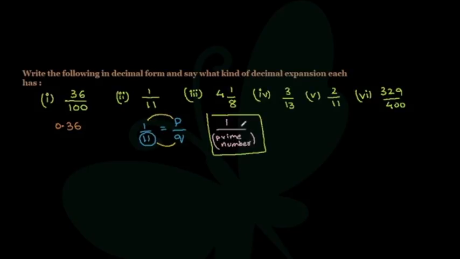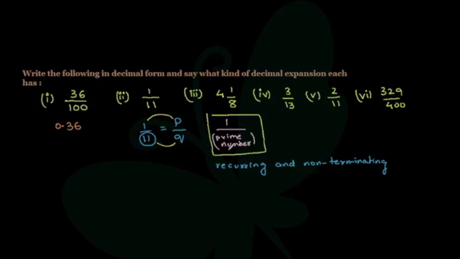It will always be a recurring, non-terminating decimal expansion. Let me write that here for you: recurring and non-terminating. So you may jot it down. And we also know that recurring and non-terminating decimal expansions are those of rational numbers.